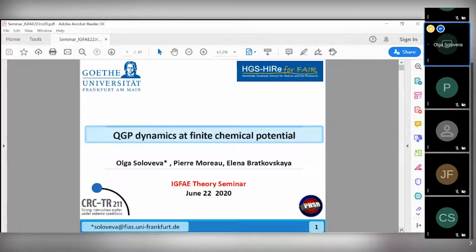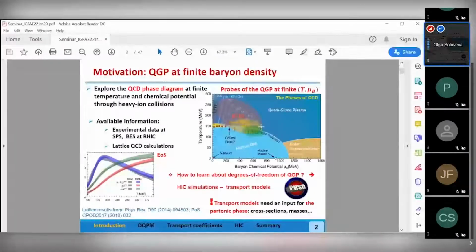For example, it can be transport models as well as hybrid models where hydrodynamics and then transport are used. But the problem is that, as I said, from first principles it is hard to obtain any predictions in this region.